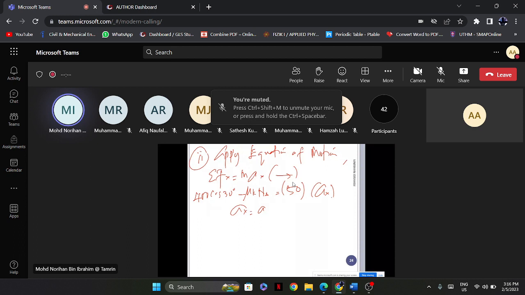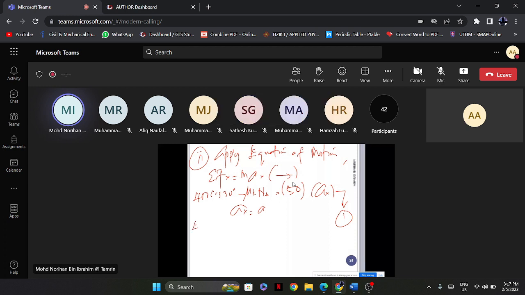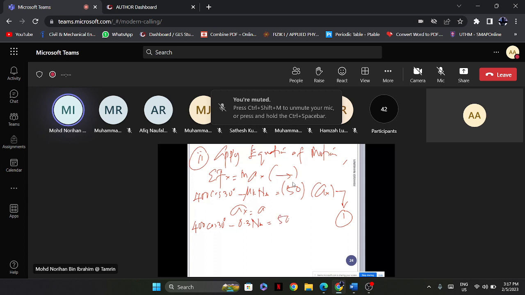So let's consider this as the first equation, equation 1. If you look at this one, we can substitute directly. 400 cos 30 degrees minus mu k, which is 0.3, times N A is equal to 50 a x.